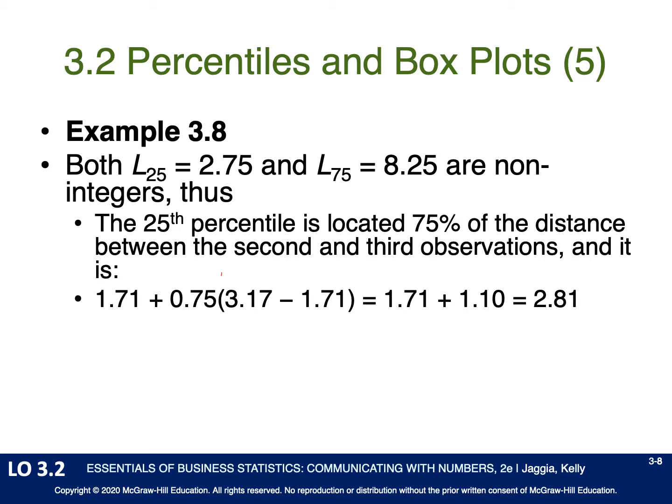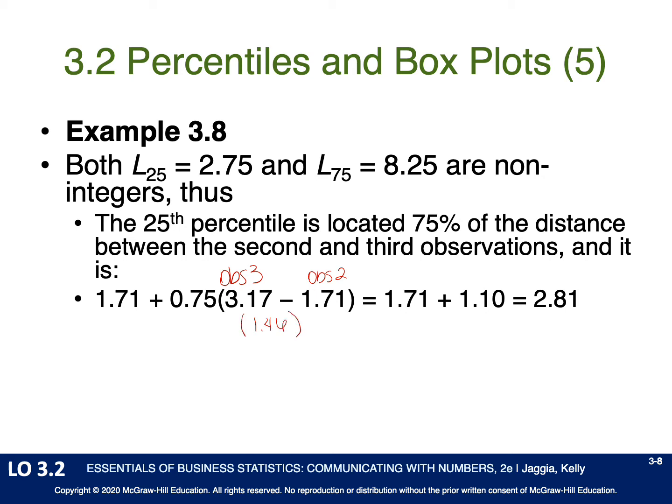So 3.17, I'm just going to write this above it. This was observation 3. And this is observation 2. First we're going to calculate the distance between observation 3 and 2. So 3.17 minus 1.71 gives me 1.46.